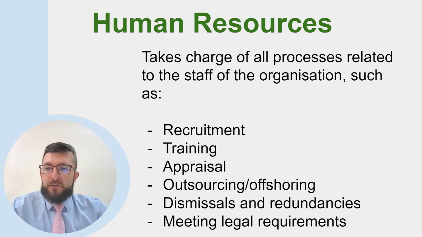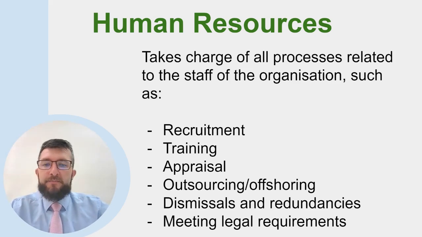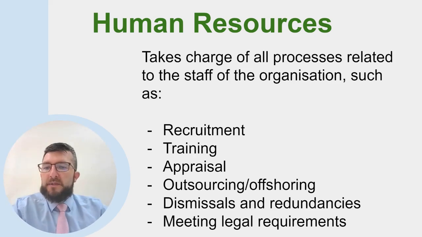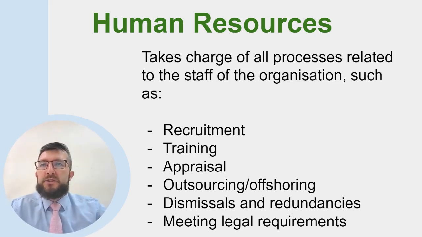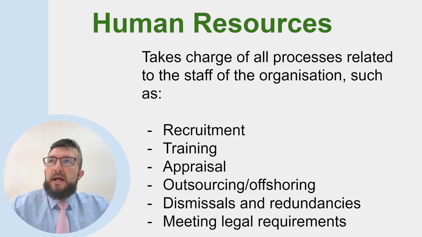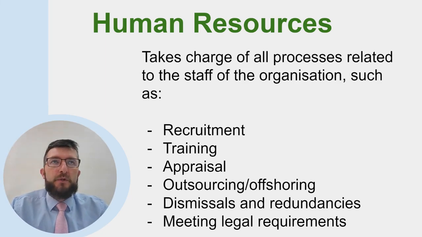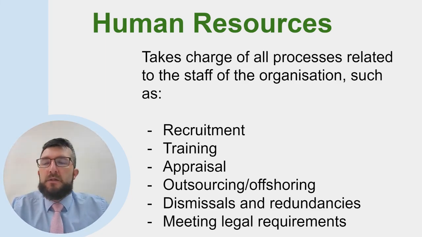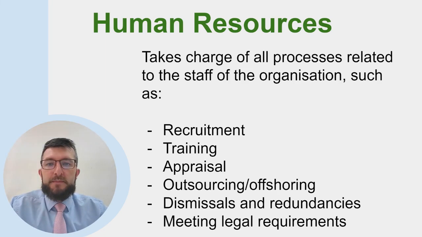These are things like the recruitment of staff, the training of staff, appraising and performance managing those staff, outsourcing and offshoring of functions within the business, dismissals and redundancies, as well as meeting legal requirements of a specific jurisdiction, so making sure that minimum wages or maximum numbers of hours are adhered to. Things like health and safety they can have a say in, although this is often more an operations process. Already seeing those links between the functional departments.